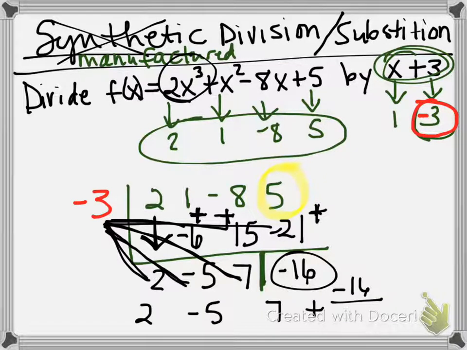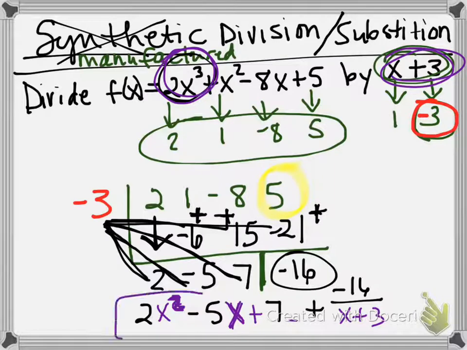This answer will be 1 less, so 2x squared. Then from there, I'm just going to go down the list. This is x squared, so this is x, which means the plus 7 doesn't have an x at all. So I want x squared, x to the first, no x's at all, and then this is my divisor, x plus 3, and that's my solution.